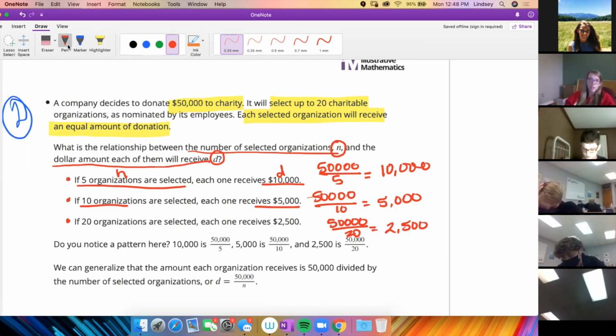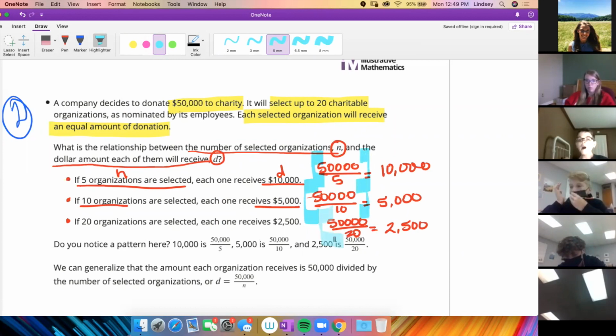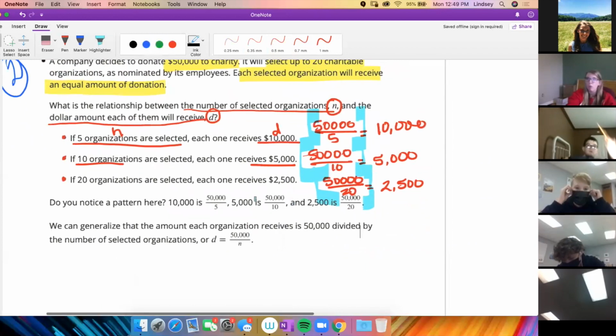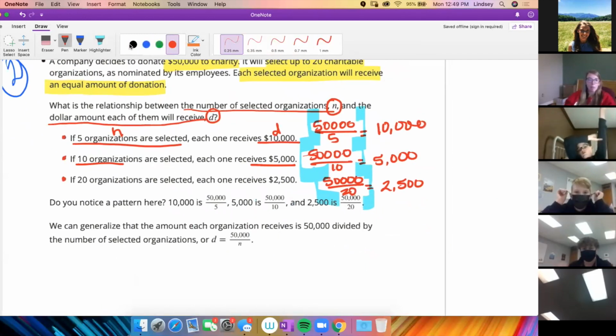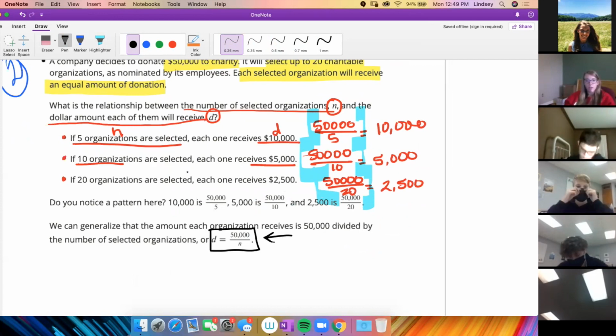Do y'all notice a pattern in how we solved that each time? What did we do each time in this problem? Division. We took that 50,000 and divided it by the number of organizations we were working with. So they came up with this nice little equation to model that relationship. That would be the equation that represents it.